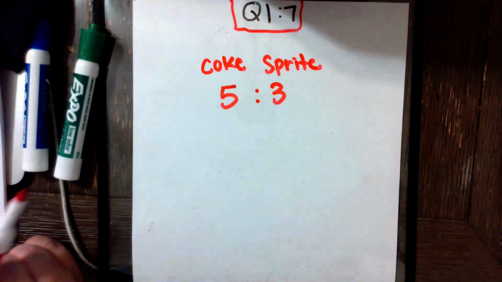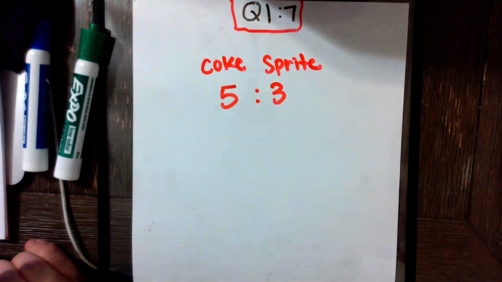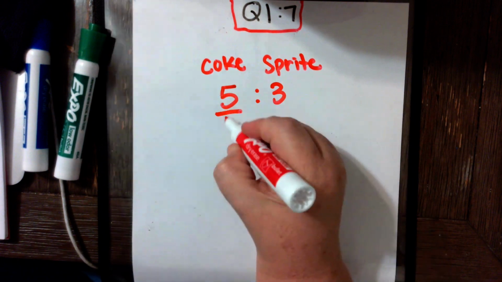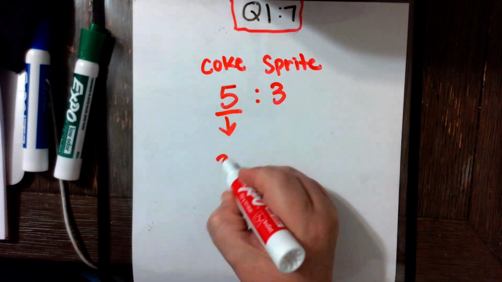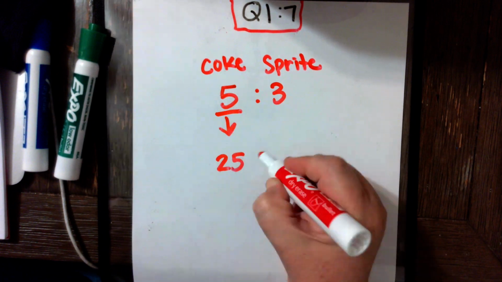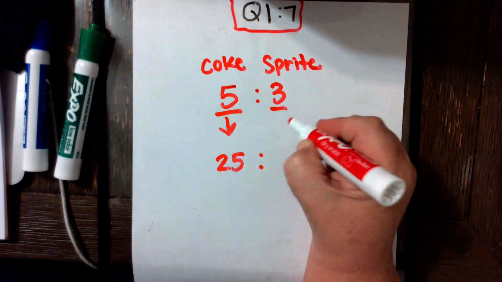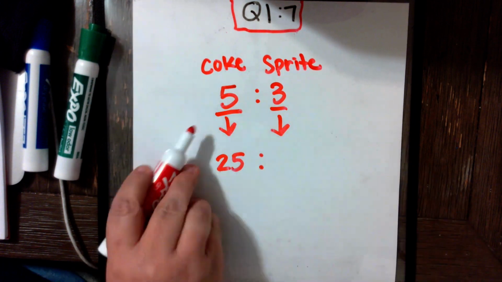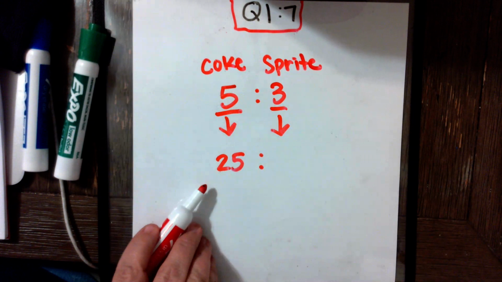Okay. If there are 25 cans of Coke, how many cans of Sprite are there? Okay. So if the Coke number suddenly became 25, then what would the Sprite number become? Well, we got to see what we did to get from 5 to 25, right?